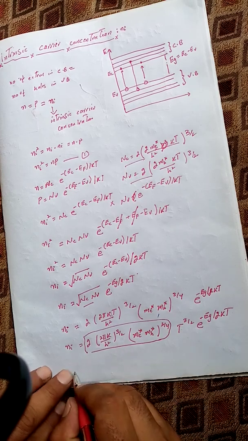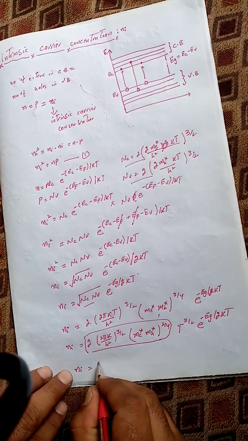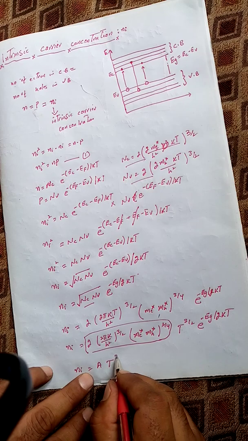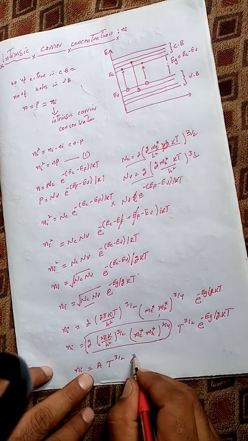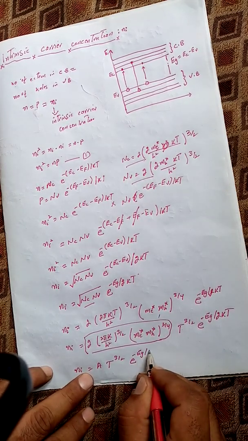So instead of this, we will replace it with a constant factor, which is A, and we have T^(3/2) and e raised to the power −Eg over 2kT.